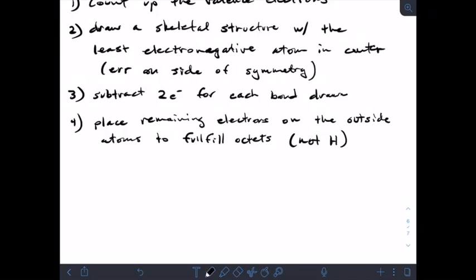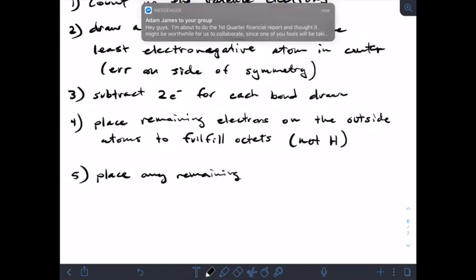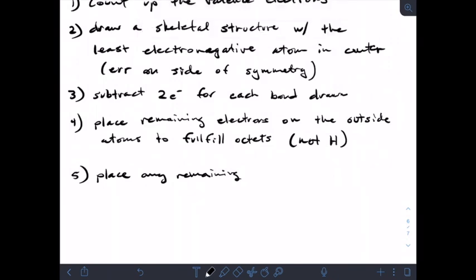Now then, step 5. It seems like there's a lot of steps, but there's only a couple more. Step 5. Place any remaining electrons. If you've filled your octets on the outside atoms and you still have electrons left over, place any remaining electrons on the central atom. Step 6.